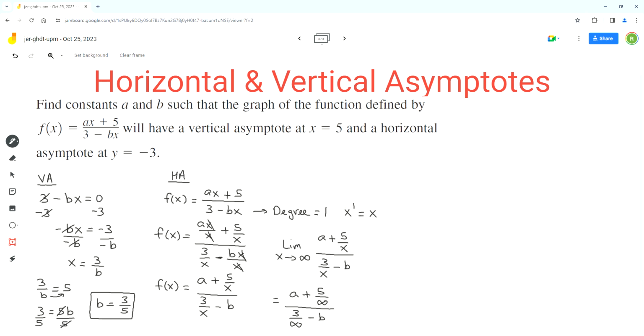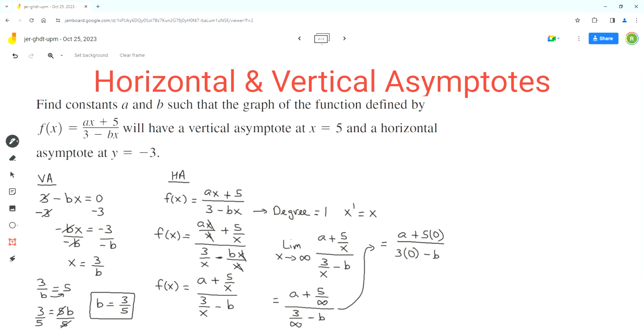Now we know that 1 over infinity is equal to 0. So we can rewrite 5 over infinity as 5 times 0. We do the same thing with 3 over infinity, so it becomes 3 times 0.